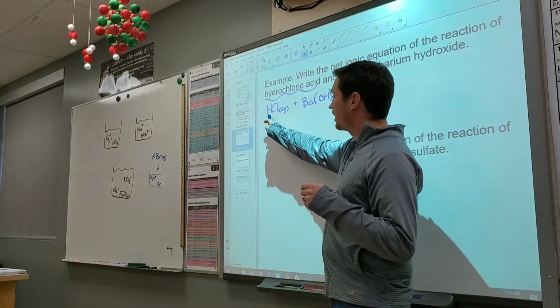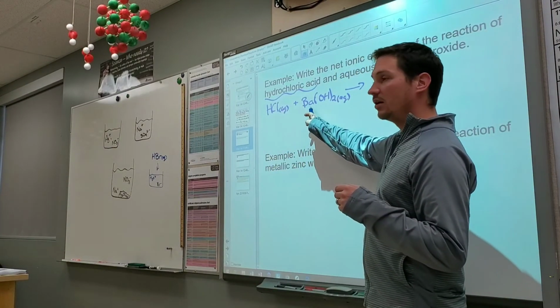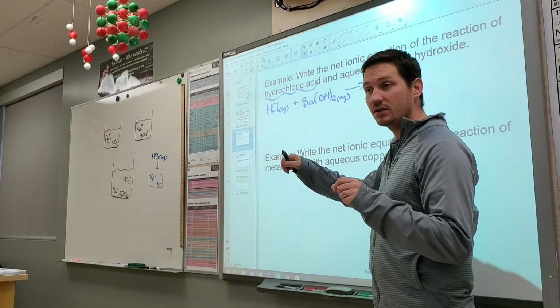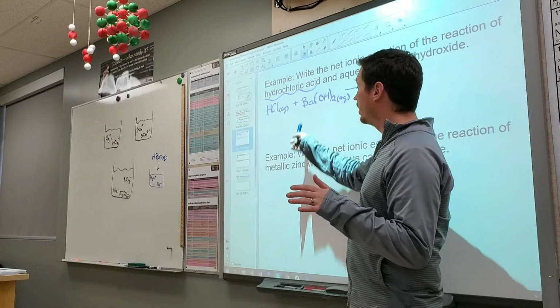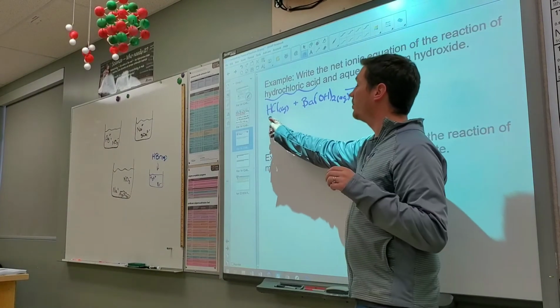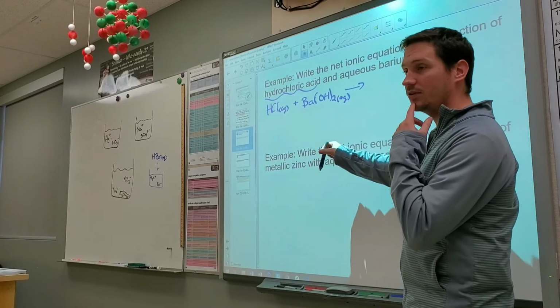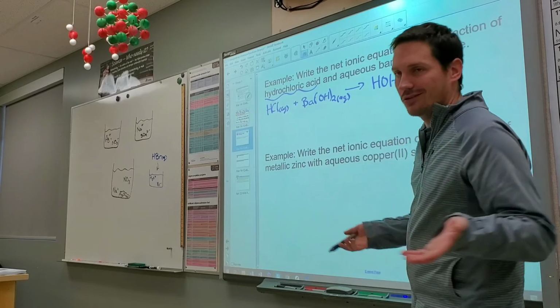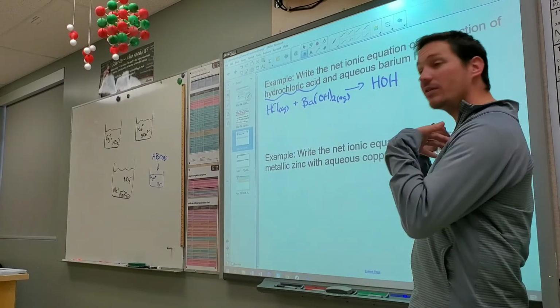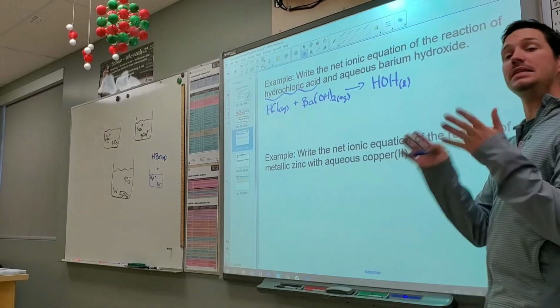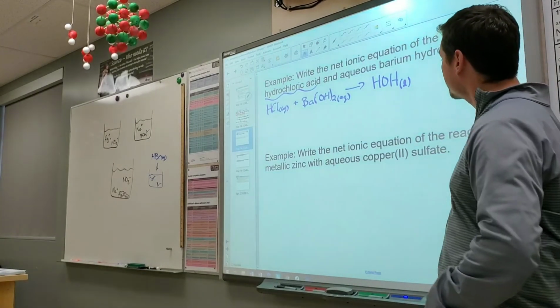The hydrogen, which can act as a positive ion, is going to kick out the positive ion. What are you going to get when I combine hydrogen with hydroxide? HOH, or water, H2O. I'm going to write HOH because it's easier to balance it that way.